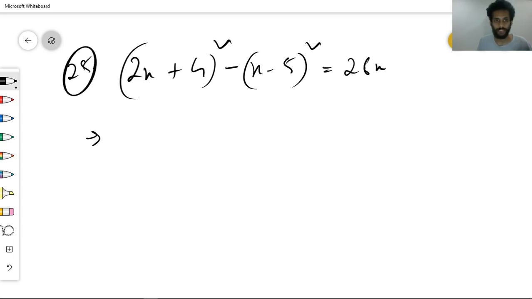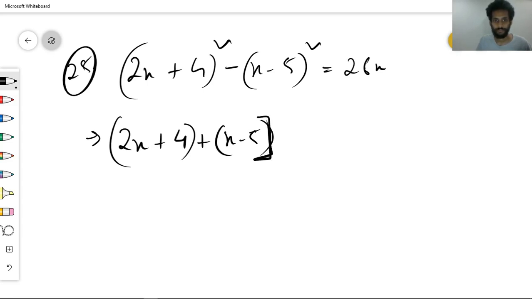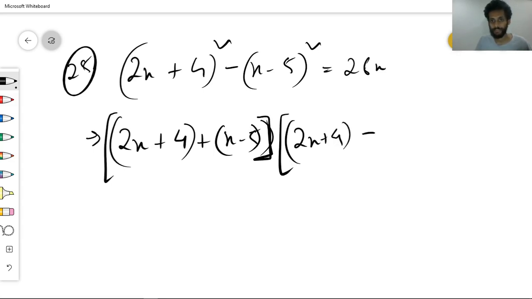So let's do this a plus b, a minus b. So this one is 2x plus 4 plus x minus 5, another bracket 2x plus 4 minus x minus 5, is equal to 26x.